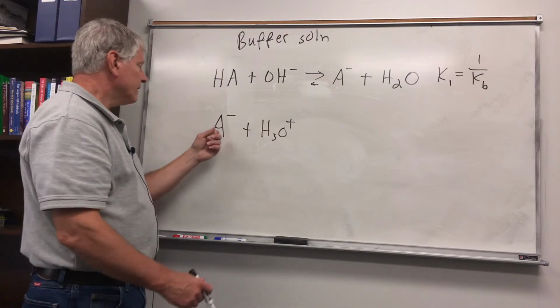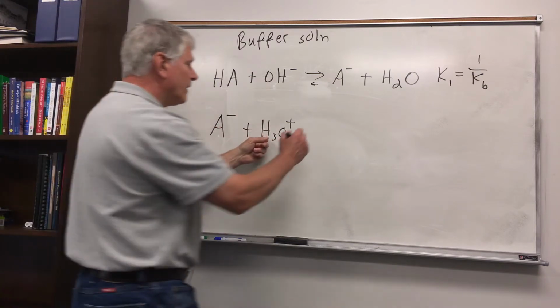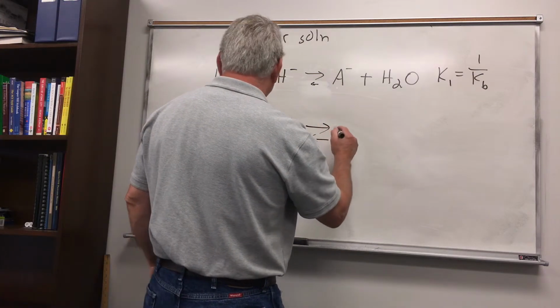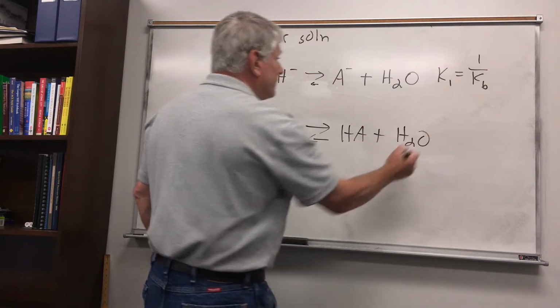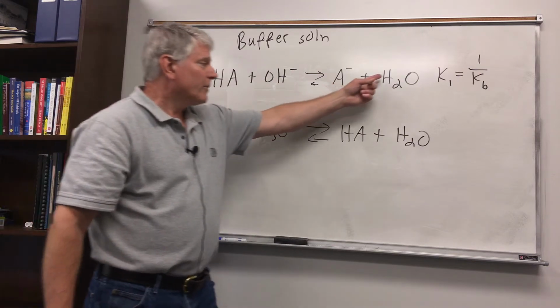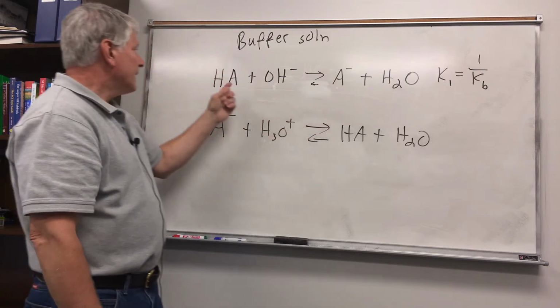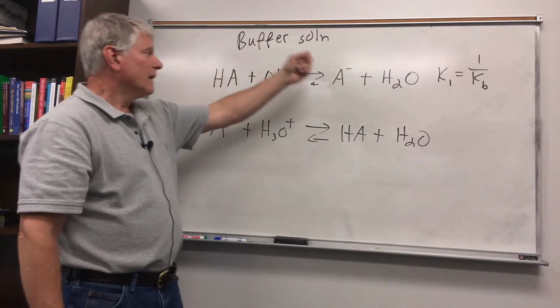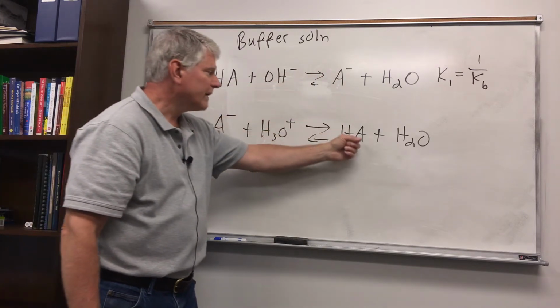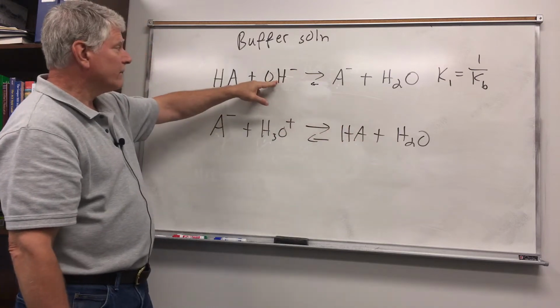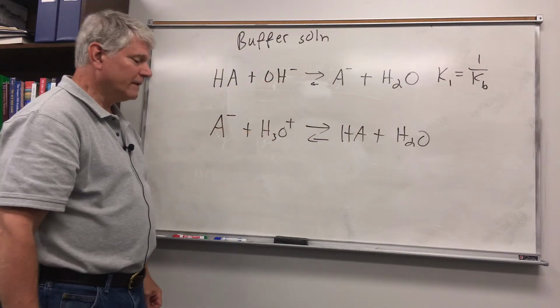So now the conjugate base and H3O plus can react to give HA plus water. So you'll see that both reactions are producing water, and I'm taking the acid and forming the conjugate base, or the conjugate base and forming the acid by the reaction of strong base or strong acid.